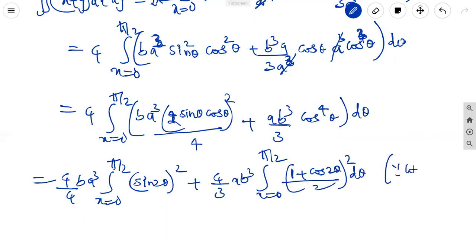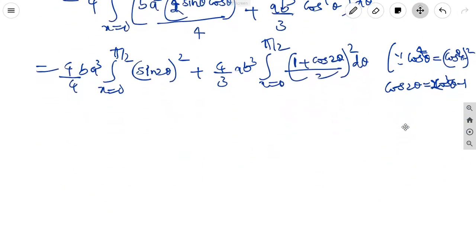Why? Because cos power 4 theta equals cos square theta whole square. By using the cos 2 theta formula, cos 2 theta equals 2 cos square theta minus 1. From this, cos square theta equals 1 plus cos 2 theta by 2. The 4 gets cancelled.